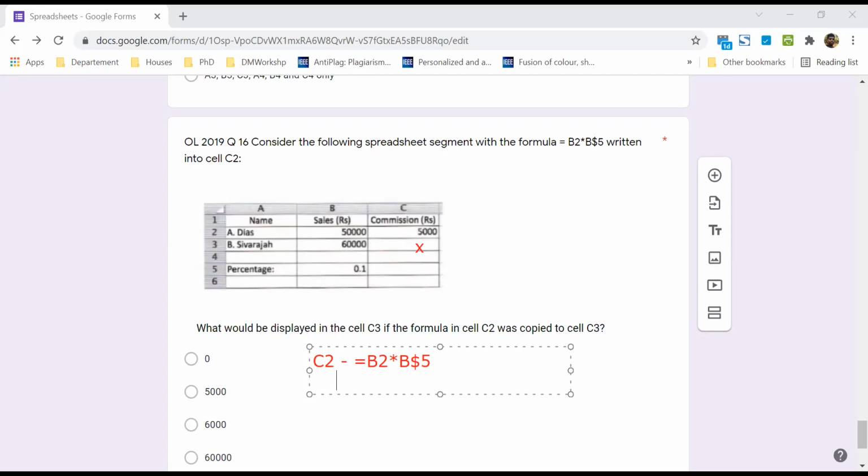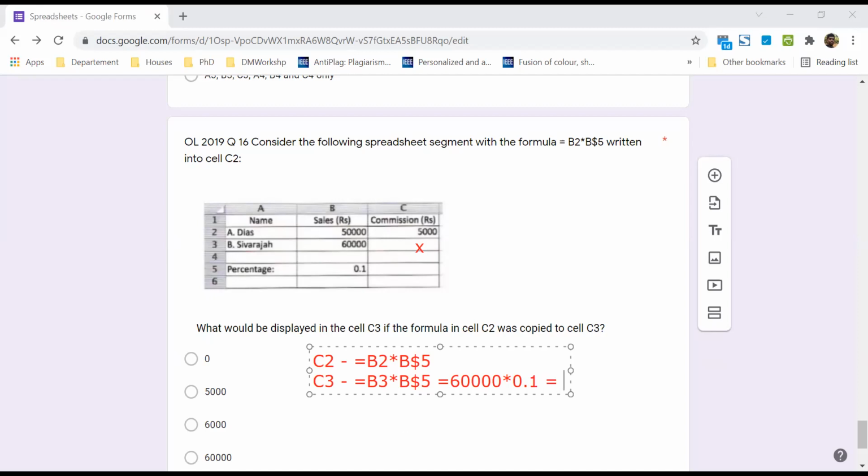And now what will happen in C3? First of all, we have to get C3. You go one line down. So that means B2 becomes B3, and for the $5, there's no change. So what is B3 now? B3 is 60,000. So we have 60,000 into $5, that means 0.1.